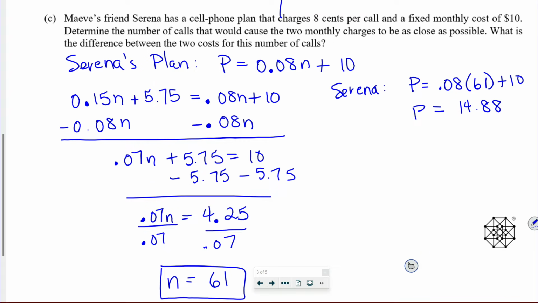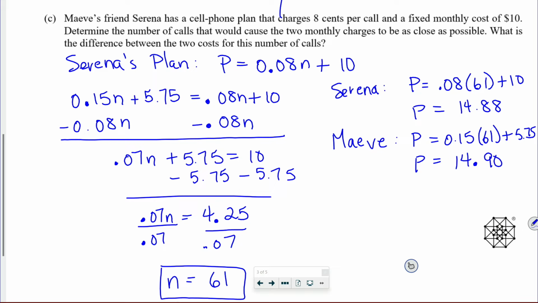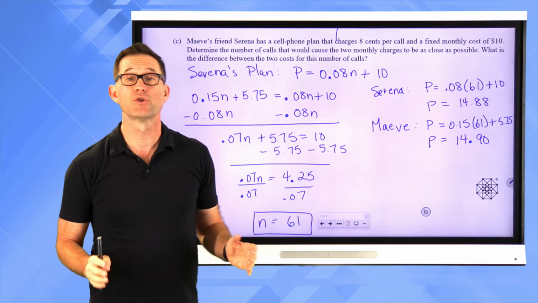And for Maeve, let's see if I can spell hers right. P equals 0.15 times 61 plus 5.75. So for Maeve, we've got 14.90. And notice how very close those two are, right?